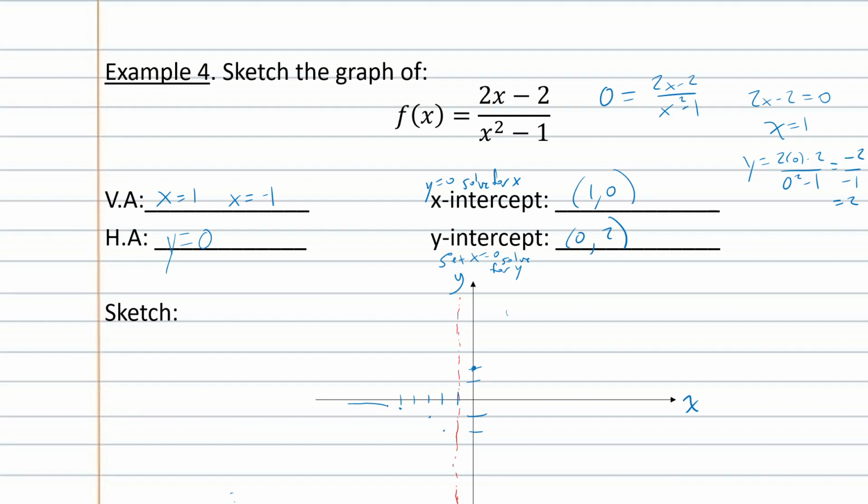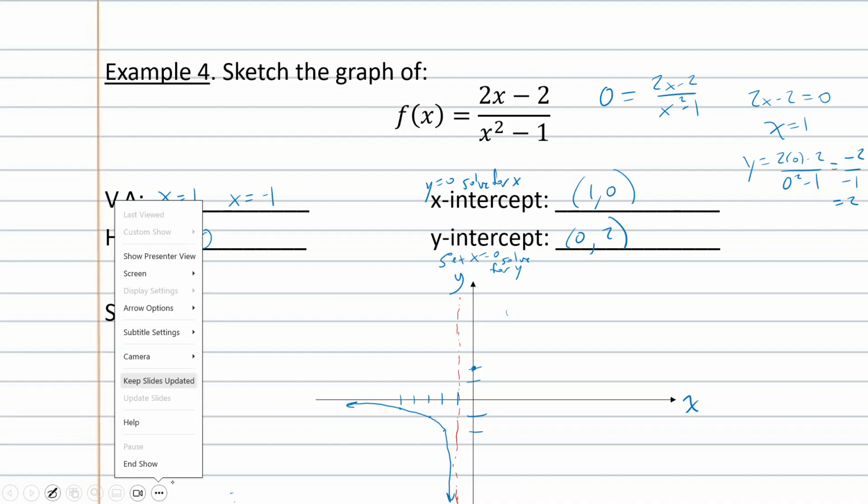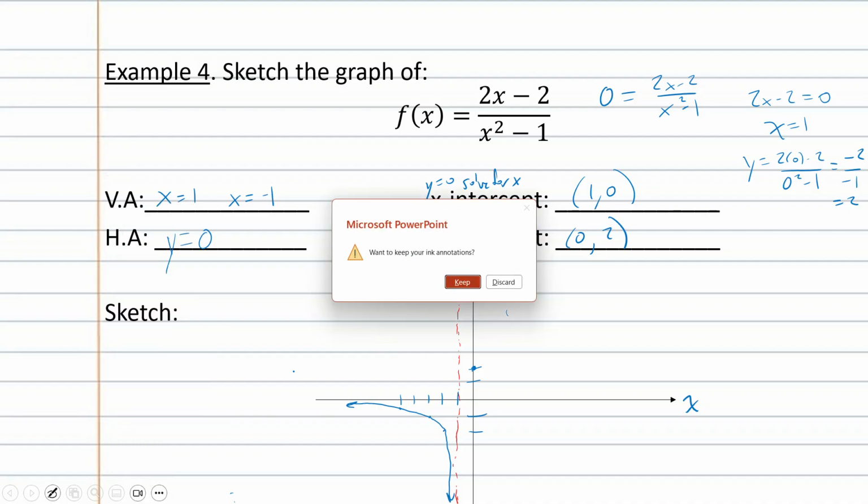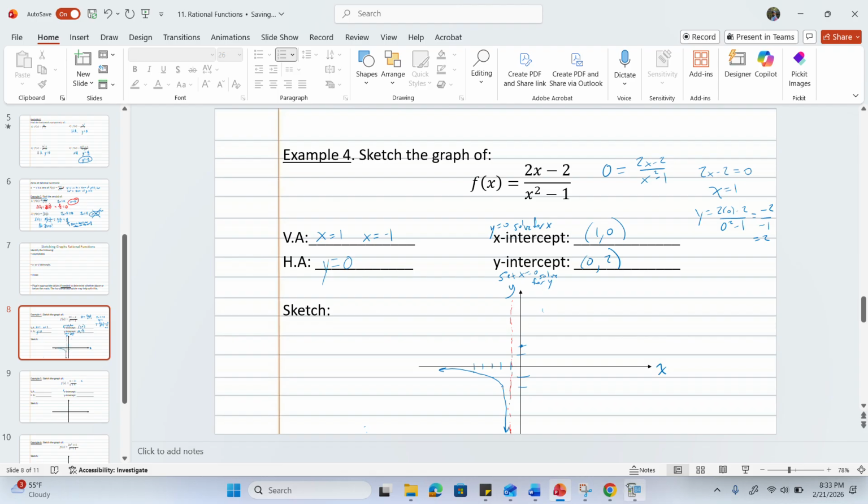We also have a horizontal asymptote at y equals 0, so when I sketch it by hand, it looks something like this. And we need to plot that other side as well, right? Because there's two parts to this.